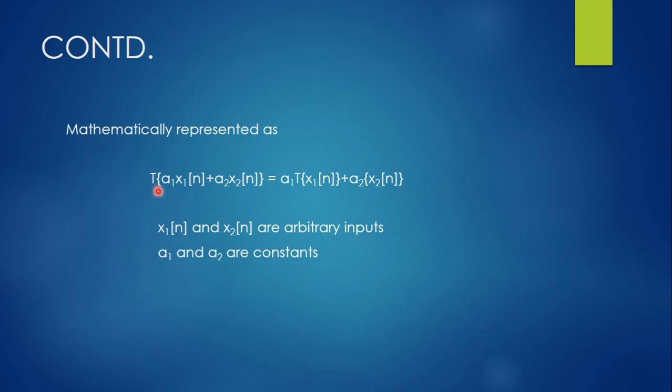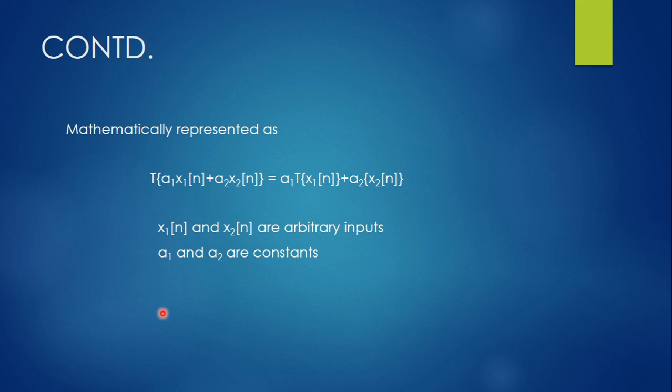So in one line it can be written as: this transformation on the signal a1 x1[n] plus a2 x2[n] gives the output a1 times the transformation on x1[n] plus a2 times the transformation on x2[n], where x1 and x2 are any arbitrary inputs and a1 and a2 are constants. So in this equation, it follows both properties of linearity, that is homogeneity and additivity.